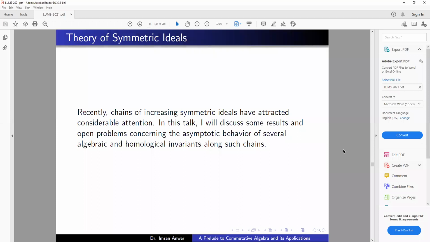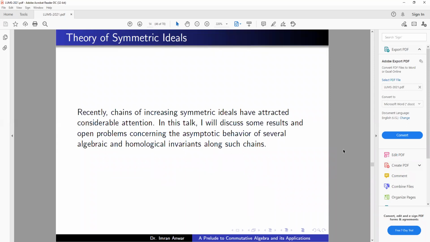Okay, now I'm done with the introduction part, the historical part, and the development of this particular theory. Now I'm moving toward the theory of symmetric ideals. This is one of the ideas which has recently evolved: chains of increasing symmetric ideals have attracted considerable attention. This idea is not new.